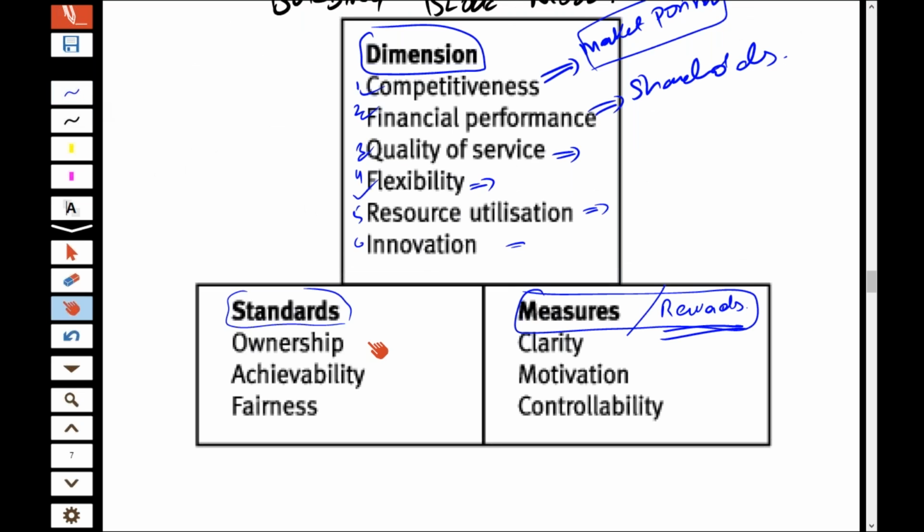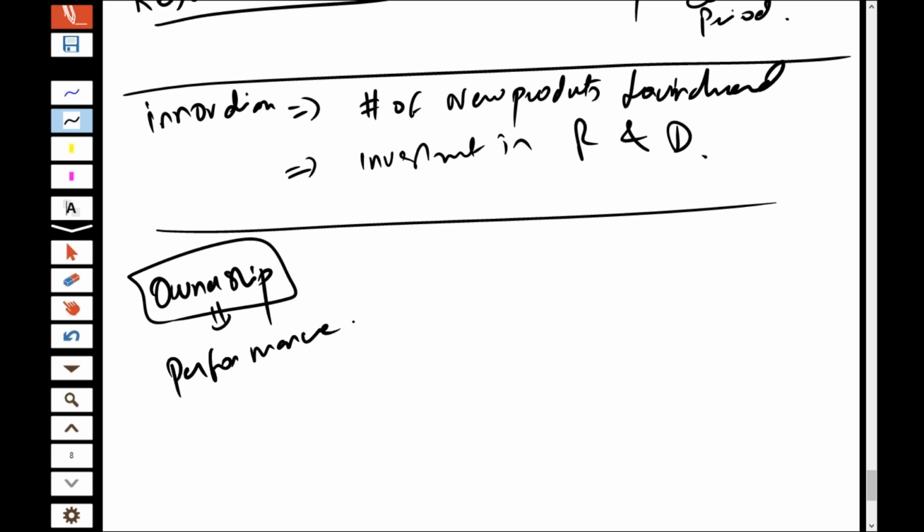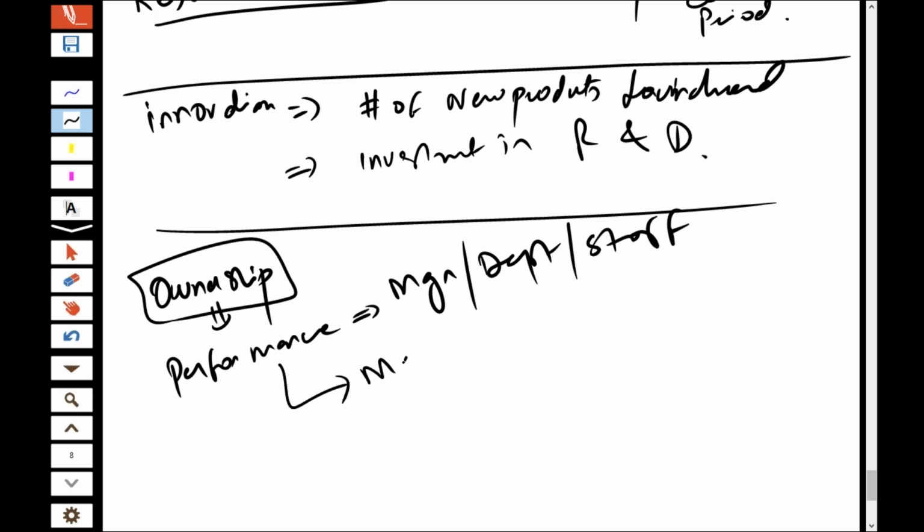It says the standard of ownership, the standard of achievability, and the standard of fairness, which is also termed as equity. Now, what exactly do you mean by the standard of ownership? It simply means that if you are measuring the performance of any person, any manager, any department, any staff, then obviously you would be introducing a performance measure.